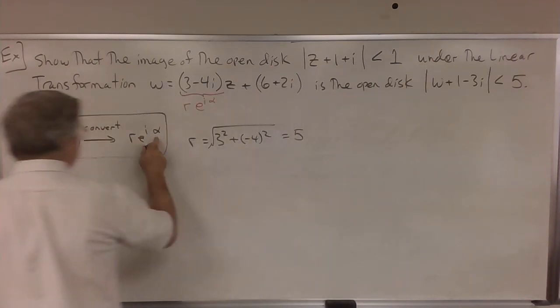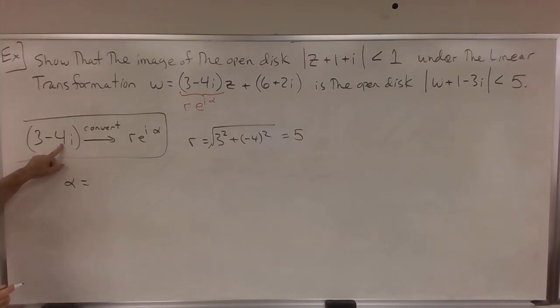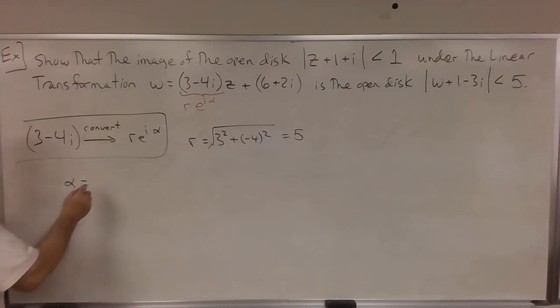Okay, now I need to get my alpha. And let's see, 3 minus 4i. So we're in the 4th quadrant. And so I think all we really need is the arctangent of this thing.